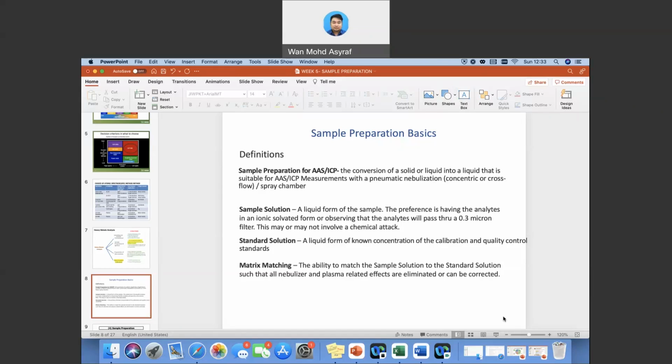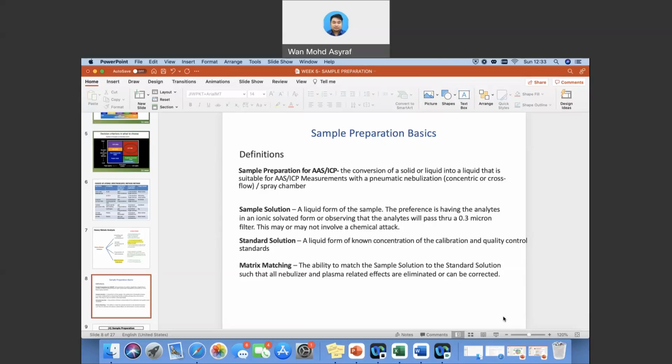Right? What is a standard solution? A standard solution is a liquid form of a known concentration of the calibrated and quality control standard. For example, you want to quantify copper later on.